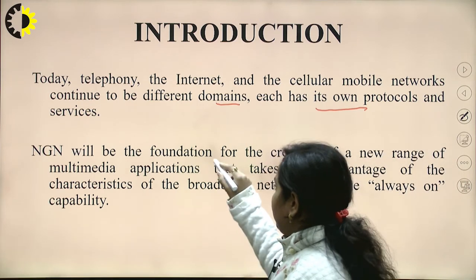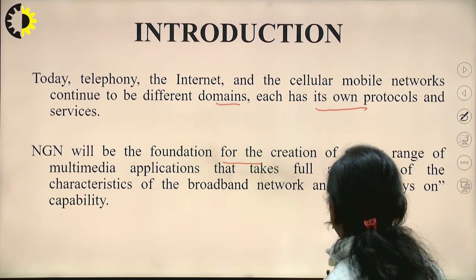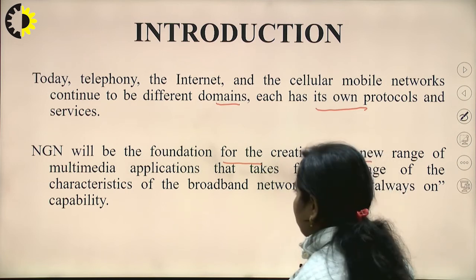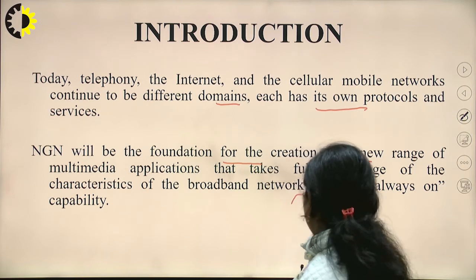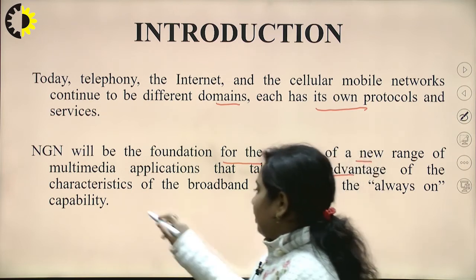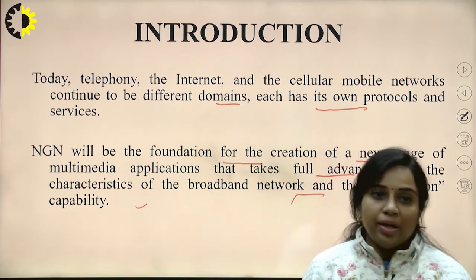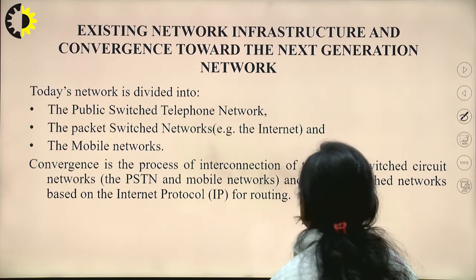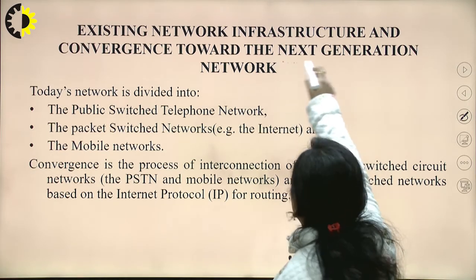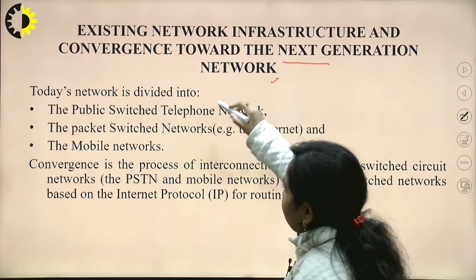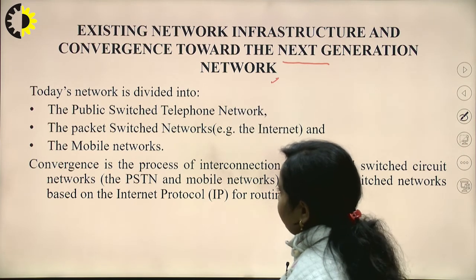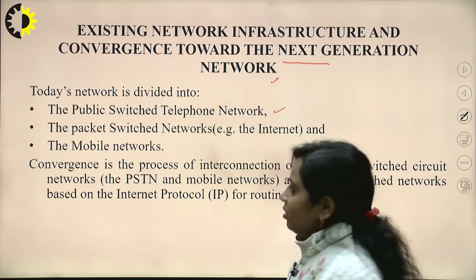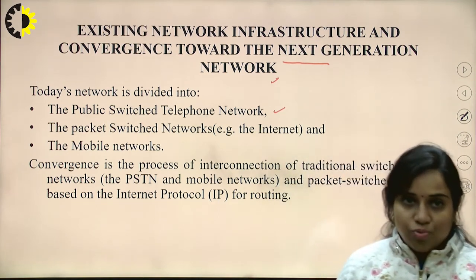Now NGN will be the foundation for the creation of a new range of multimedia applications that take full advantage of the characteristics of broadband network and the always-on capability. So this is about the introduction of the NGN network. Now existing network infrastructure and convergence toward the next generation network. Today's network is divided into PSTN, that is public switched telephone network, which is the landline phones connected.